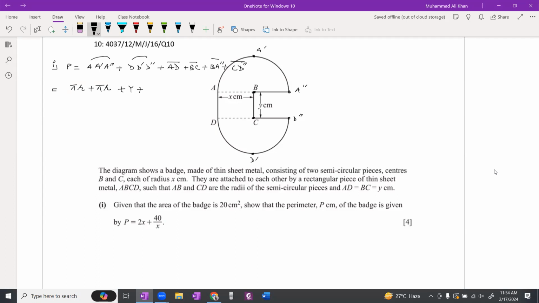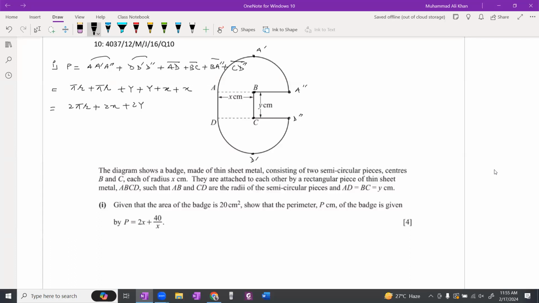What is BC? BC is also y. What is BA double dash? It is x. What is CD double dash? It is also x, right? And here it is pi r, 2 pi r plus 2x plus 2y. This is the perimeter, but we have to write the perimeter in terms of x only.